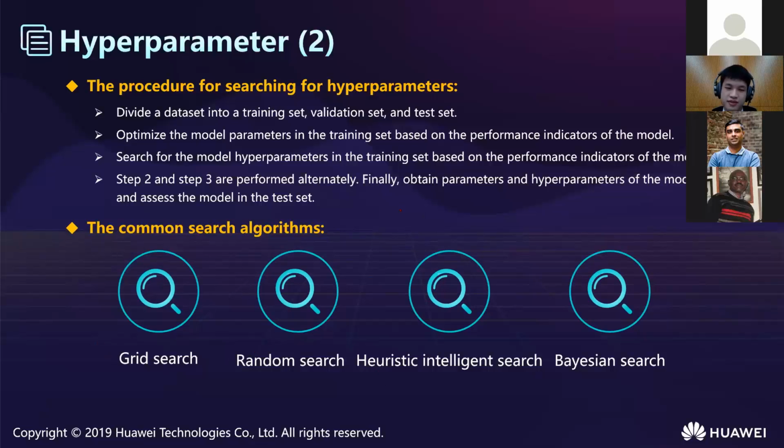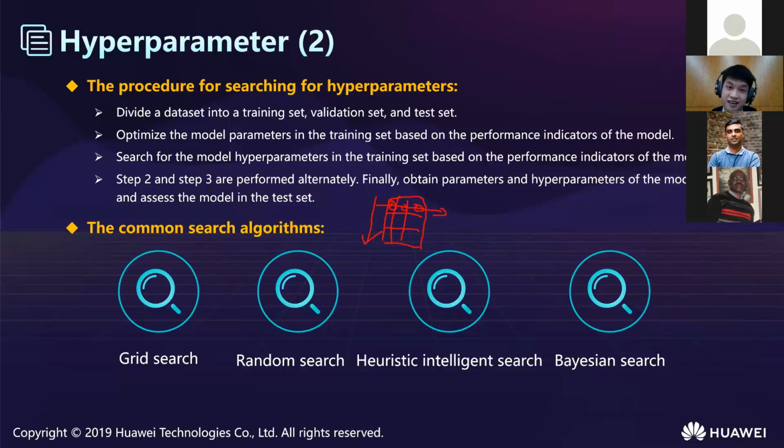The grid search means searching the parameters one by one. For example, there are two parameters. The row means one hyperparameter, and the column means another hyperparameter. We need to search one by one. That is a grid search.